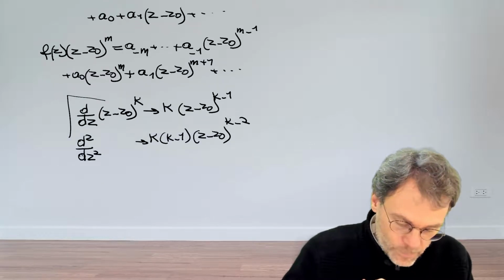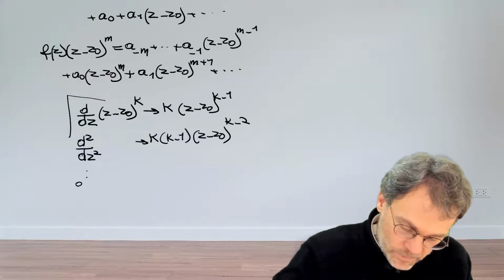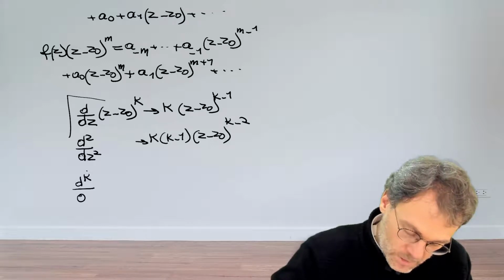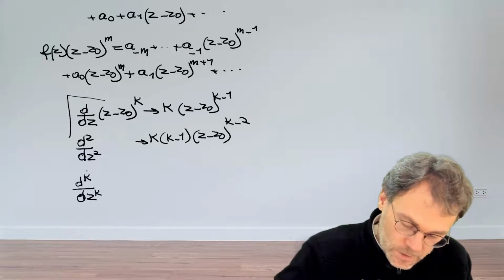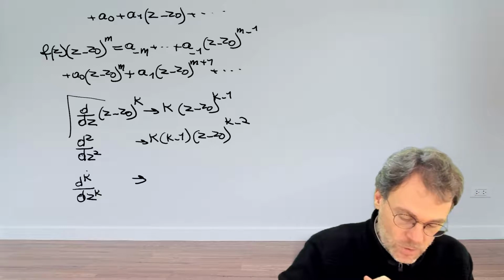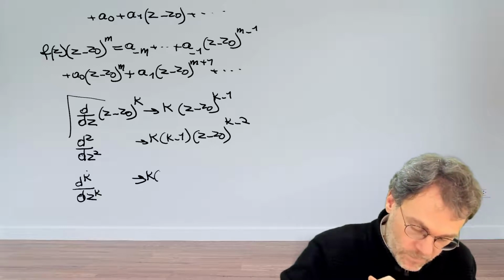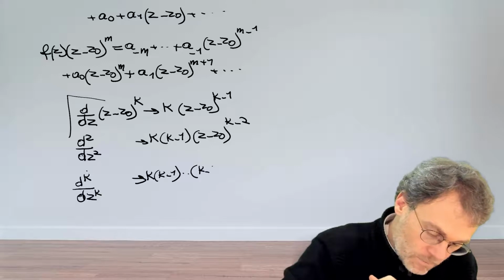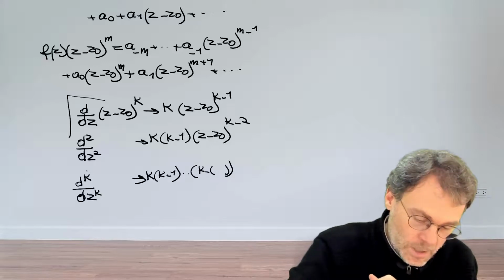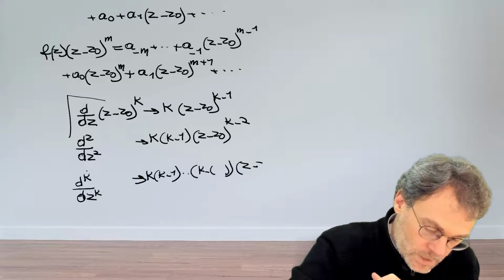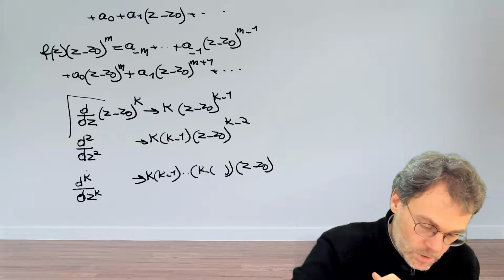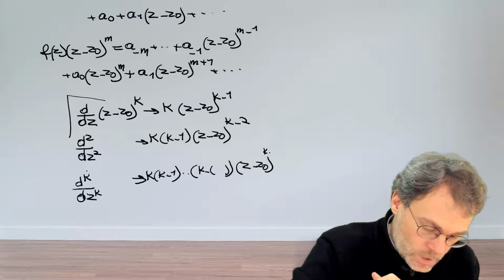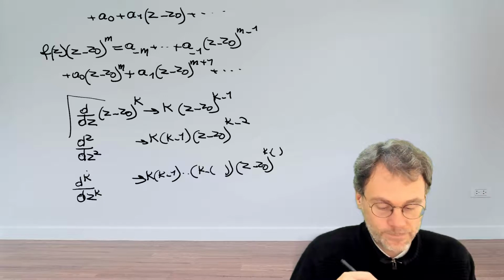Let's keep on repeating this until we take the derivative k times. So then we get a slightly different situation. So of course we have all these factors here. And then finally we get a factor k minus something. And then we have z minus z naught to a certain power, also k minus something.